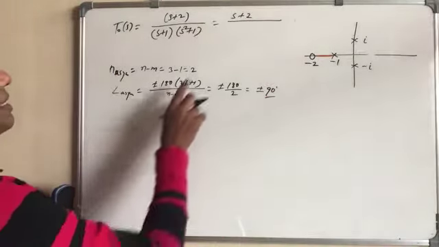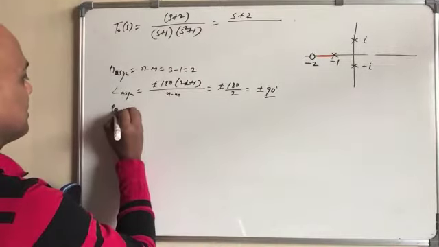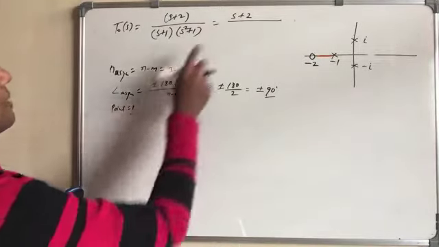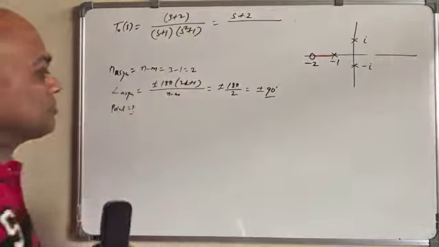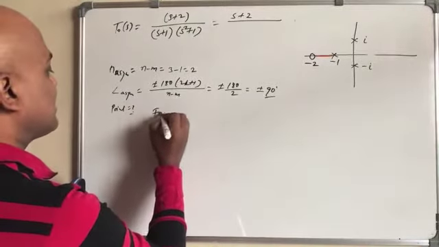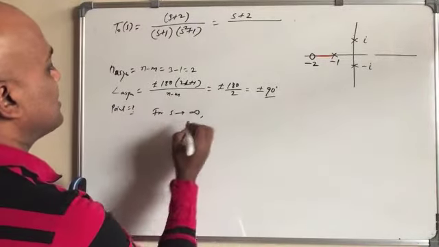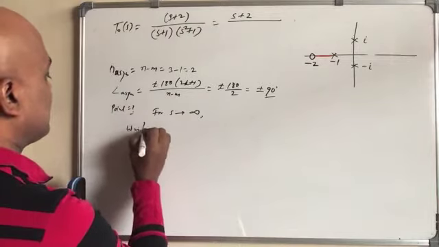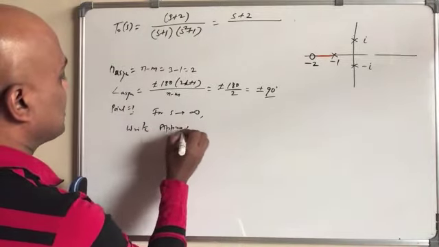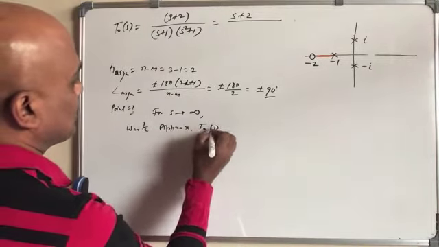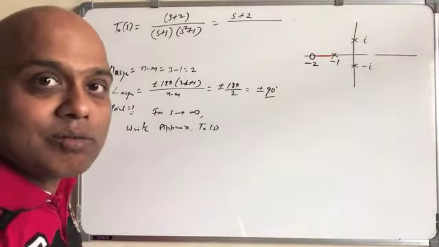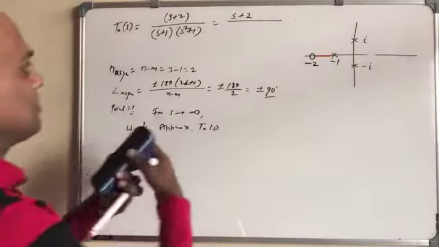Now the third thing is which point. Then we have to write this. For s equal to infinity, write the approximate T naught s. That's what we are going to do, and let's write it here.